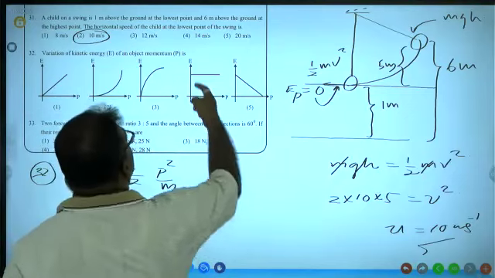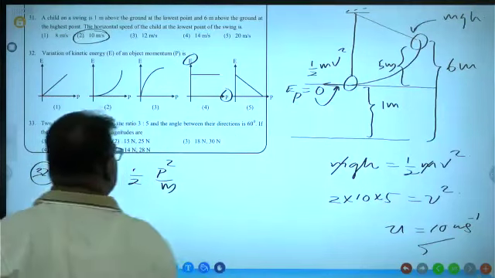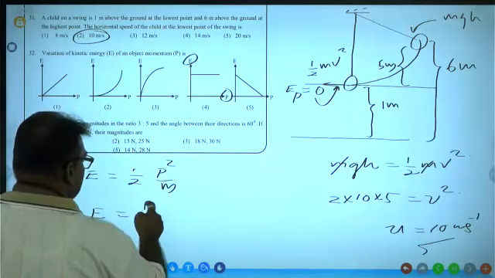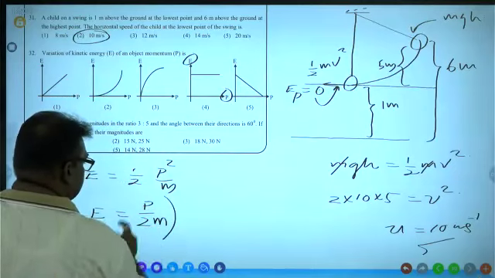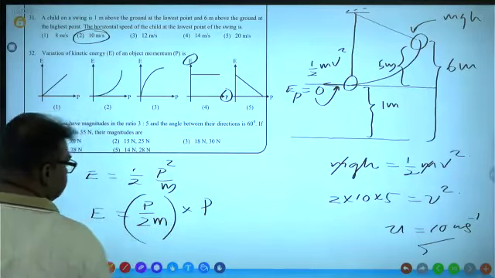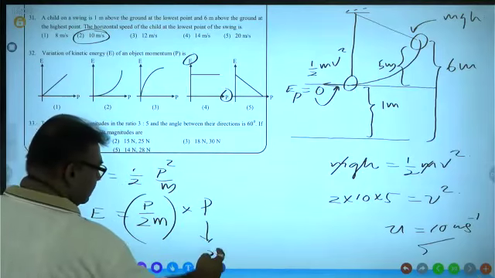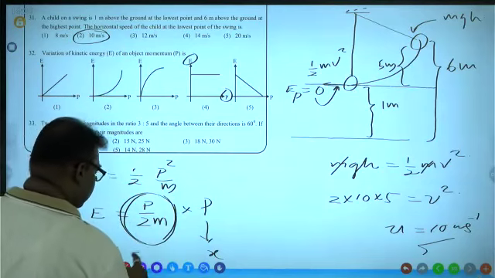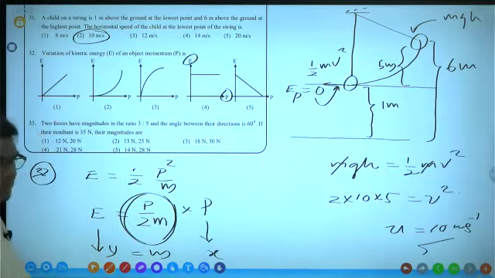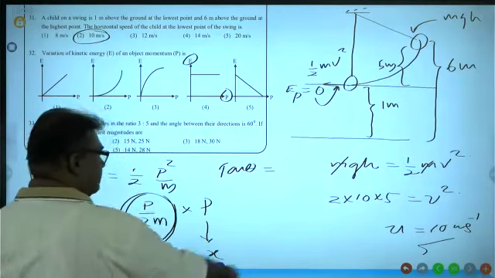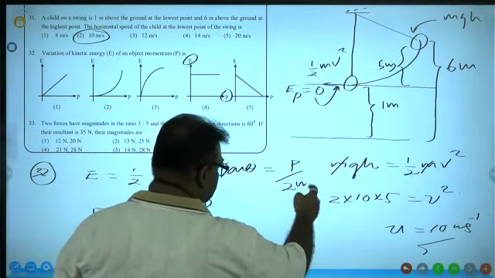They need the variation of kinetic energy against momentum. Then kinetic energy we can say is half p over m multiplied by p. This one is represented on the y-axis, this one on the x-axis. This whole thing is the gradient, right? Then gradient is tan theta, represented as p over 2m.